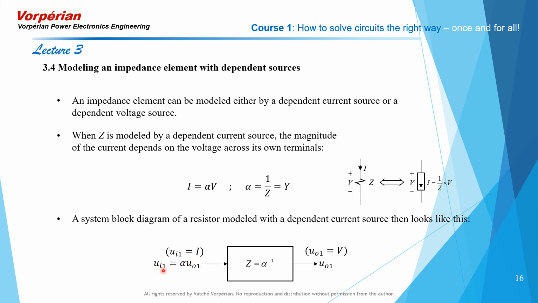So I can convert on a block diagram an independent excitation being applied to the linear time invariant system by making it equal to some gain multiplied by some response inside the circuit. You convert it from an independent source to a dependent source. And when you specialize this picture to this dependent current source that talks to the voltage across itself, you get that gain alpha equal to 1 over Z.